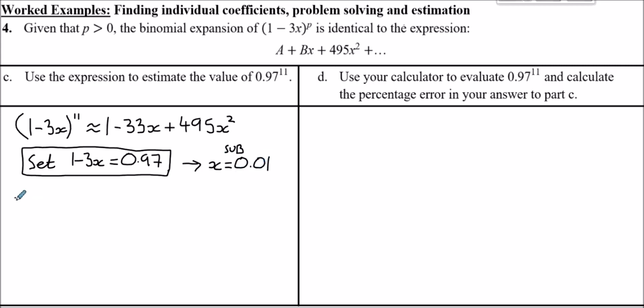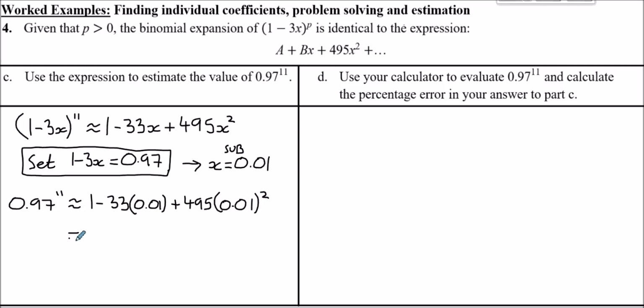And so what we're going to get now is that 0.97 to the power 11 is going to be roughly 1 minus 33 lots of x, so 33 lots of 0.01, plus 495 multiplied by 0.01 squared.